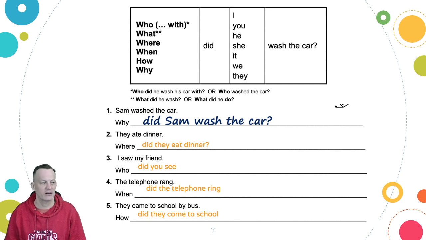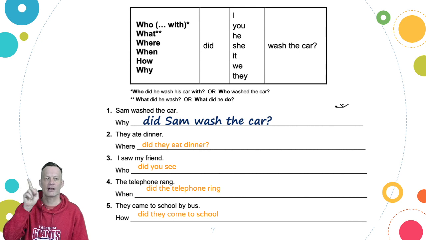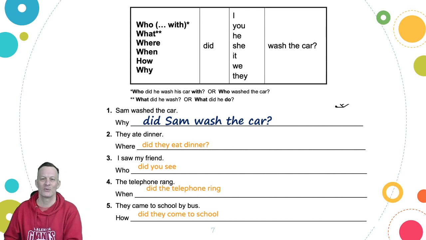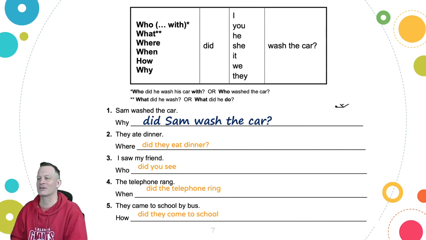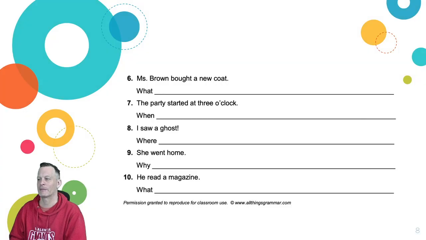Let's try a few more without the help of our table. Ms. Brown bought a new coat. I might have made a mistake. Ms. Brown bought a new coat. Well, the answer is a new coat. The question is what?